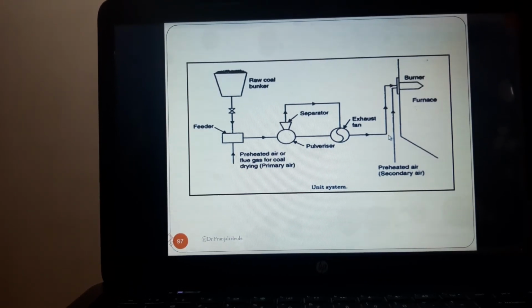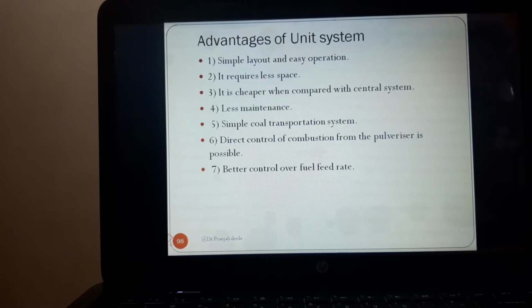Then let's talk about the advantages of the unit system. The layout is simple and it permits easy operation. Less space is required. It is cheaper than the other type, which is called the central system. It allows direct control of combustion from the pulverizer.